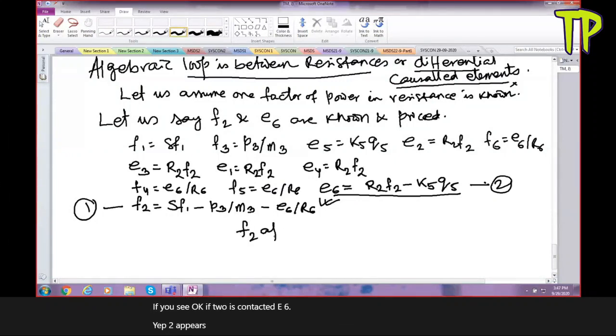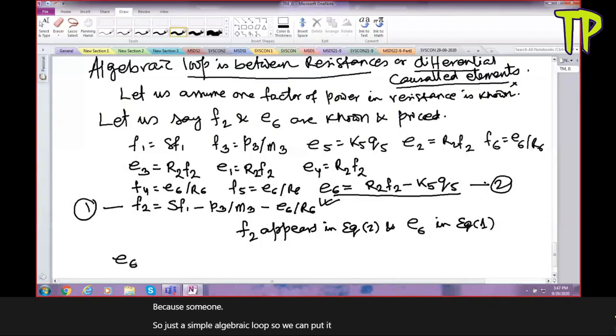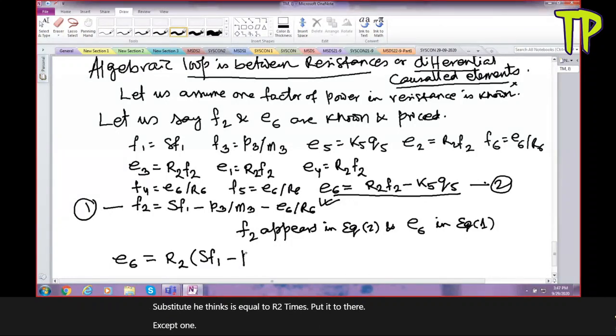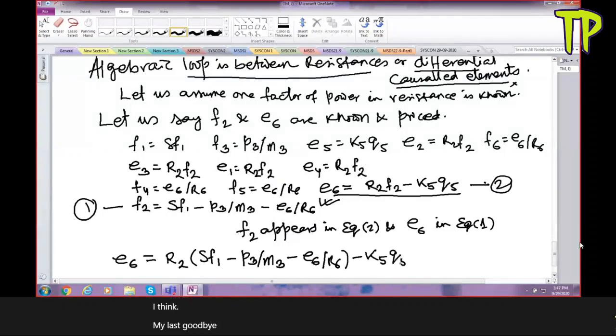F2 appears in equation 2 and E6 in equation 1. So just a simple algebraic loop. So we can substitute E6 is equal to R2 times, put F2 there, SF1 minus P3 by M3 minus E6 by R6 minus K5 Q5.